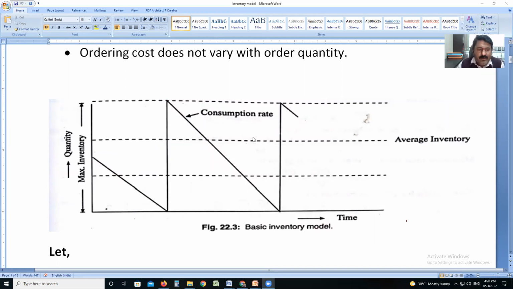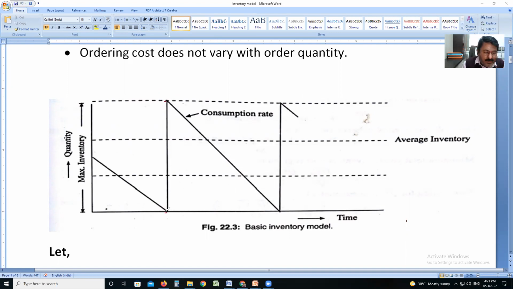So here, what is the minimum quantity? You can see here, 0. What is the maximum quantity? If you compare here, the maximum quantity is this level.